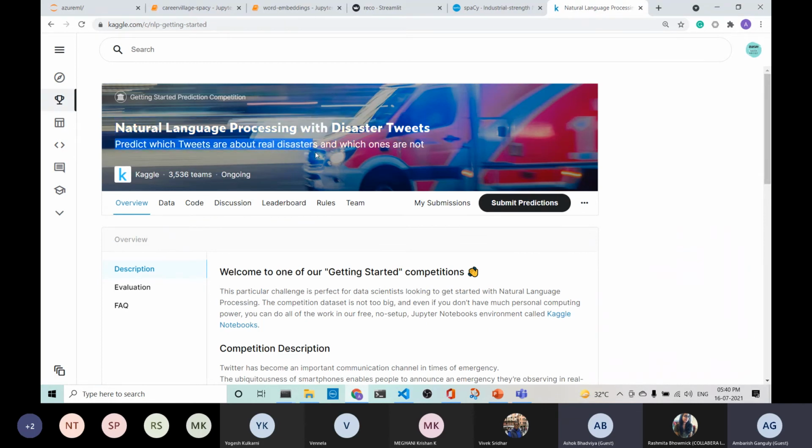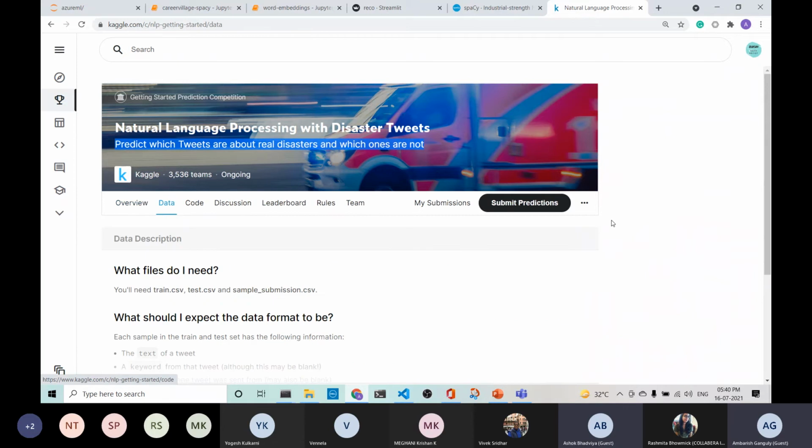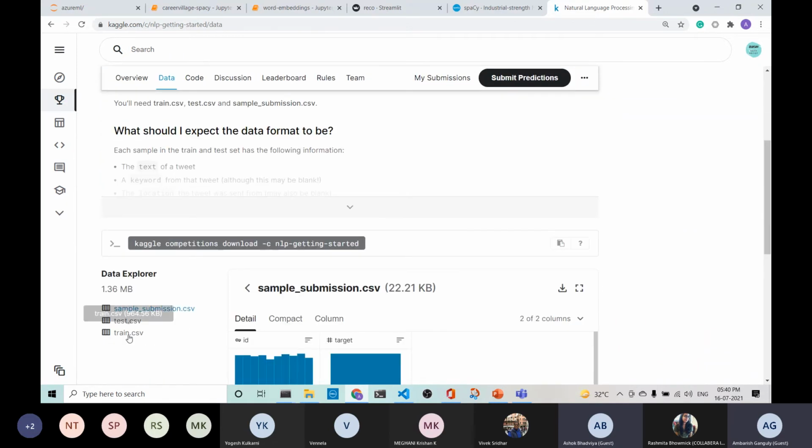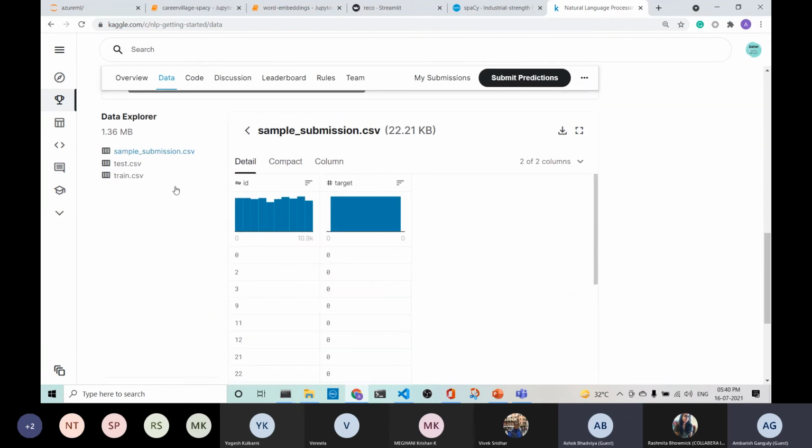Predict which tweets are about real disasters and which ones are not. Tweets are coming in, and you have to predict whether it is a real disaster or not. The data is here. It's actually a getting started competition. There is a train and a test set. So how does the data look?